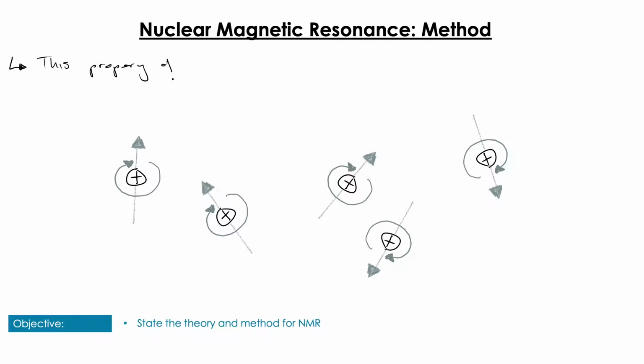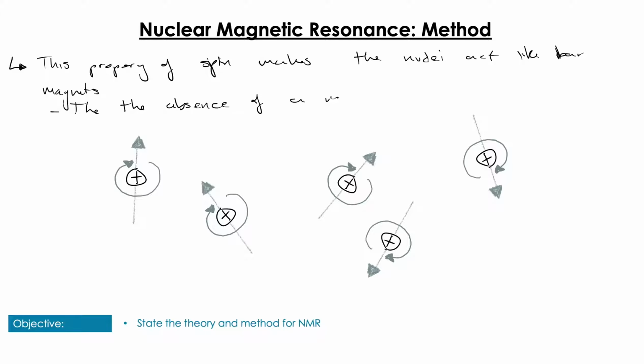So in the method, we have a sample, and in that sample, all of the nuclei that are active have properties similar to that of bar magnets. Now, these bar magnets can be oriented in any direction in the absence of a magnetic field, so we have this kind of random distribution.